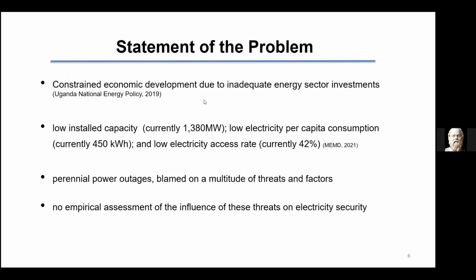And I assume that you pick that from one of the constructs that you have, energy investments. The second is on low installed capacity, where you have per capita consumption. And then the other one is on perennial outages.